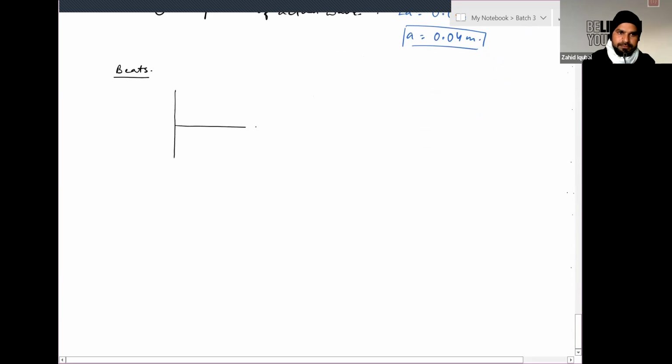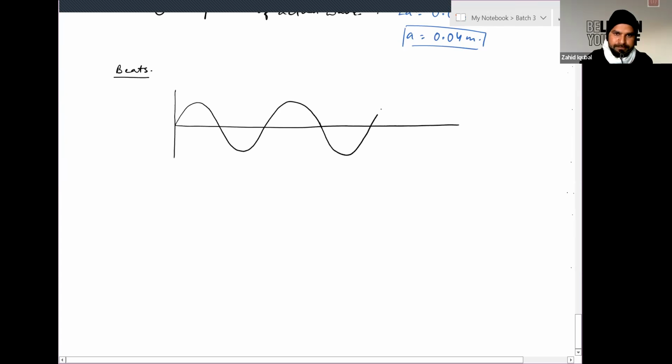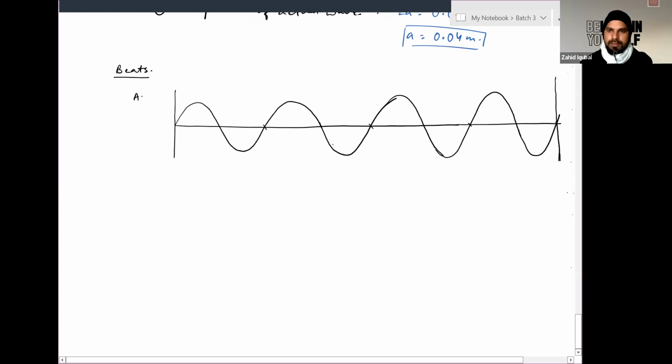Suppose there is a wave, this is one wave in which there is one full complete oscillation. So we can say its frequency is 4 Hertz.